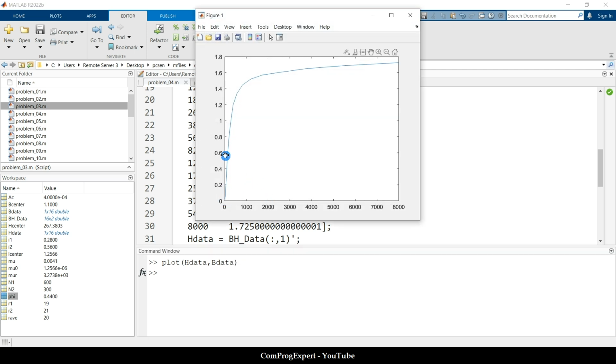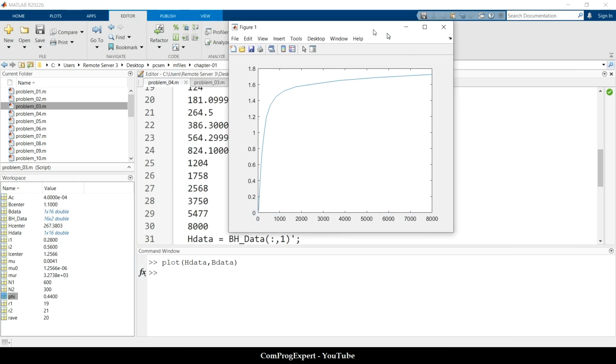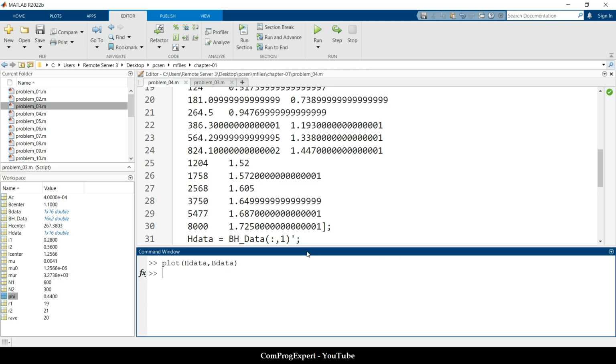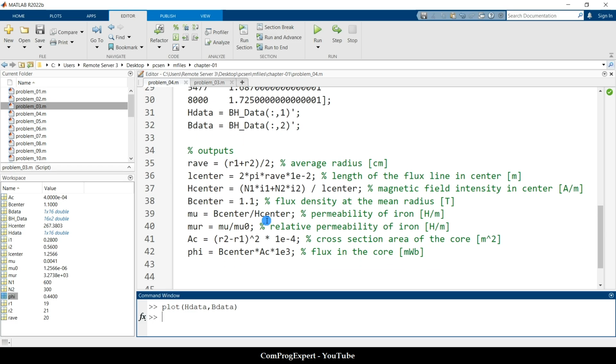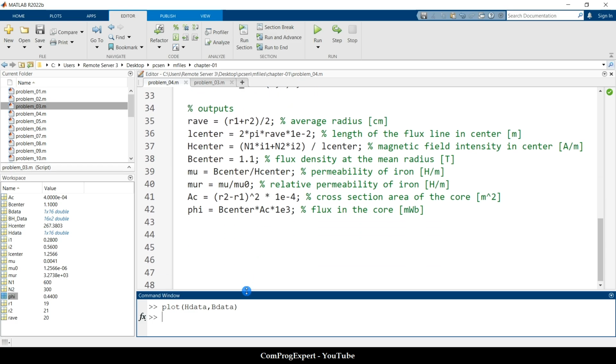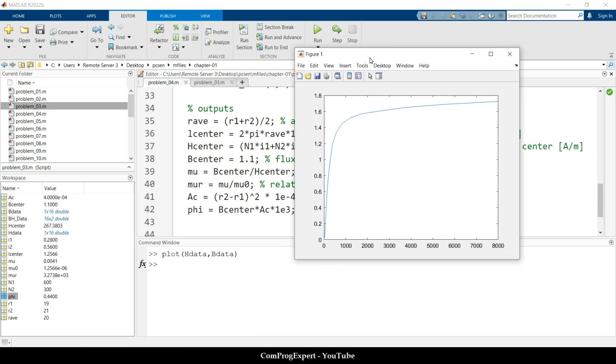Yes, this is the graph. We don't have the exact graph here, but I am going to write the coding and select the default HP curve. So when we have one HP curve in MATLAB like this, how can we do one-dimensional interpolation?